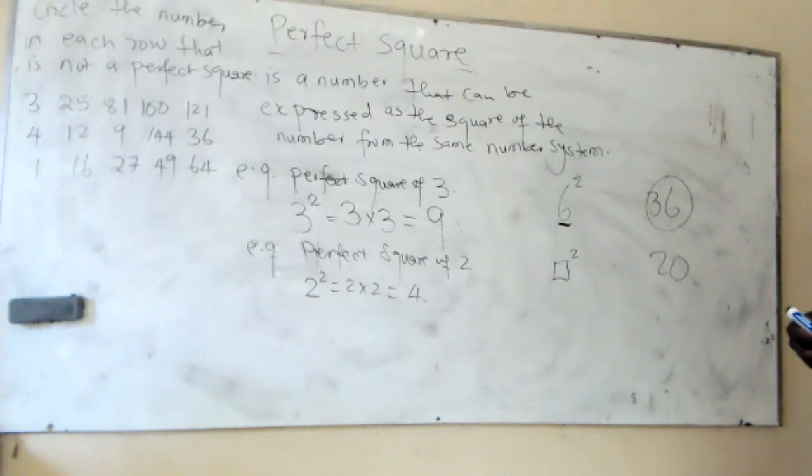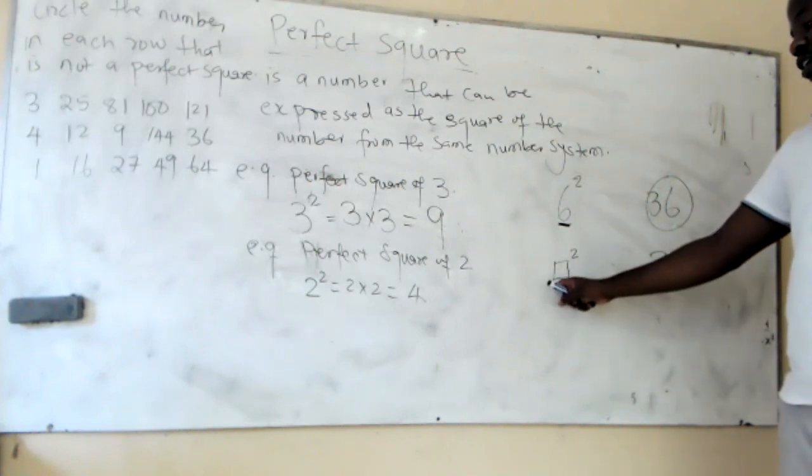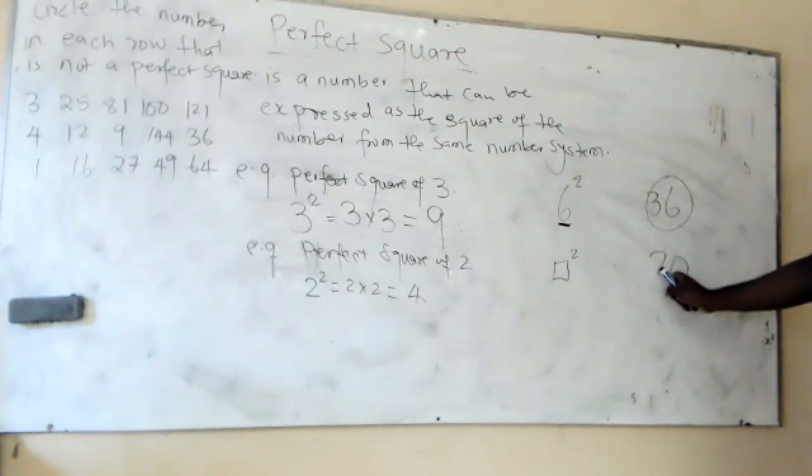It's 100. So no, it's not there. Is 20 a perfect square or not? No, it's not, because you can't find any number which, when you square, gives you 20. Are we all together? Yes.